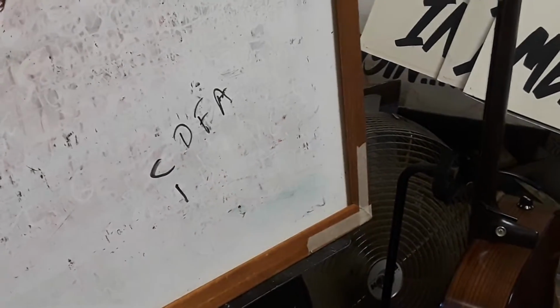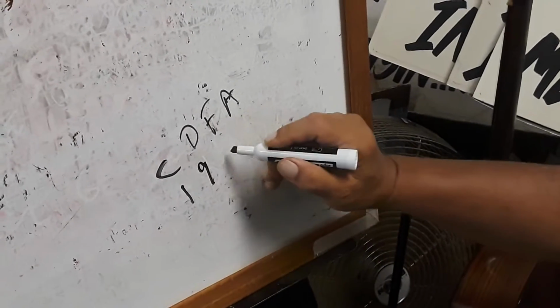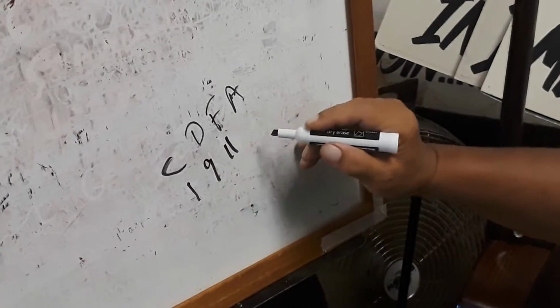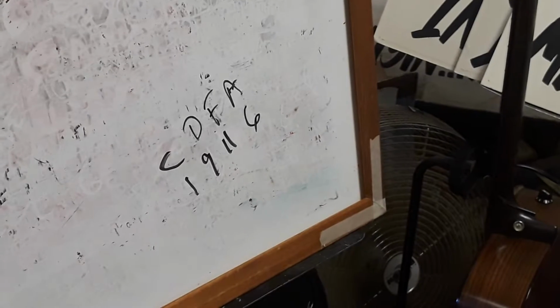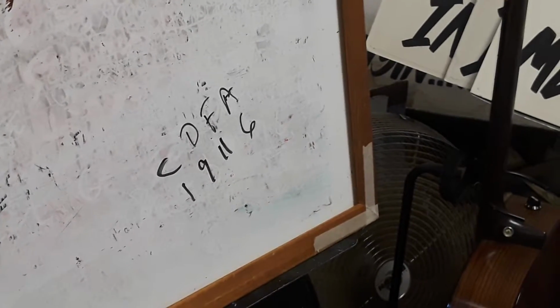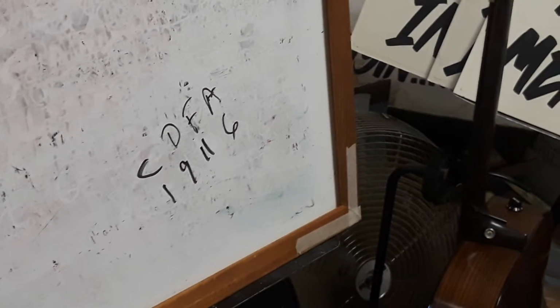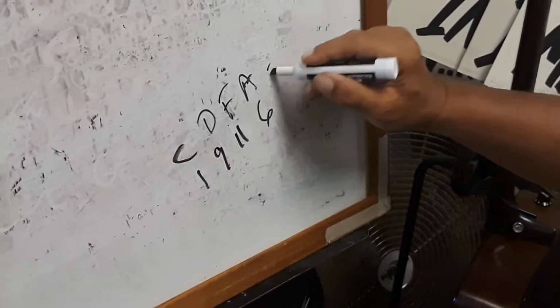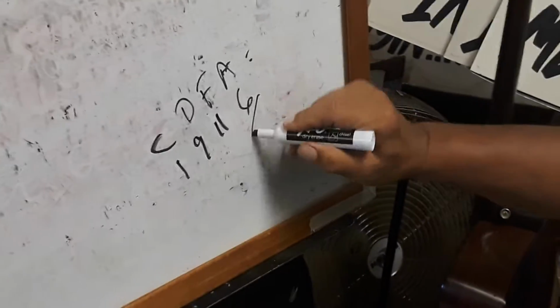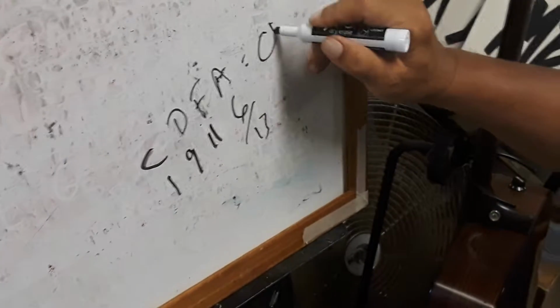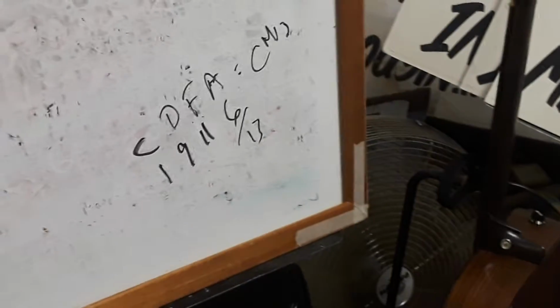If C is the 1, then D would be considered the 9th, F is the 11th, and A would be the major 6th. So we'll call this C major 11. The 6 is also the 13th, yeah? So this is C major 13.